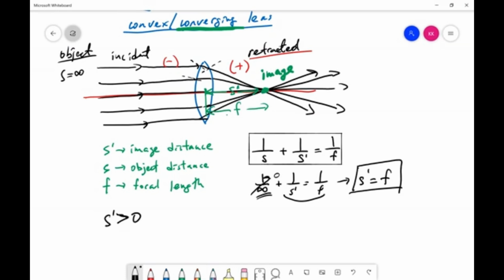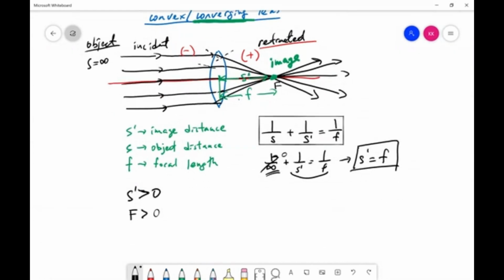Since the focal point is also on that side, the focal length is also positive. So here the focal length is positive, and the image distance is positive because the image is on the same side as the outgoing light.